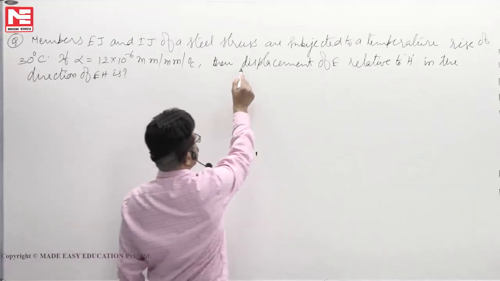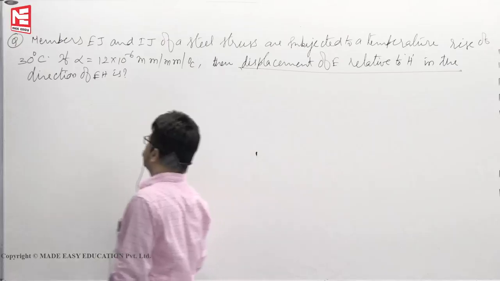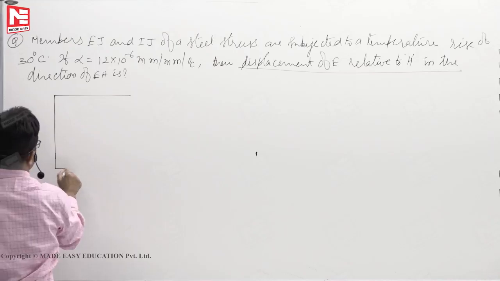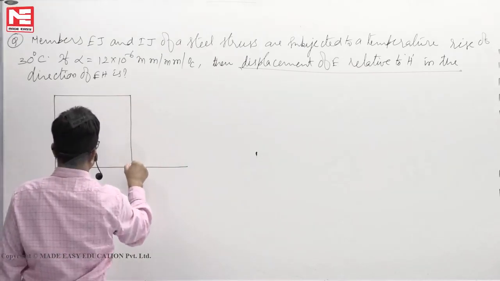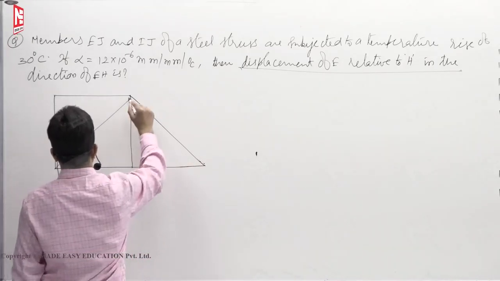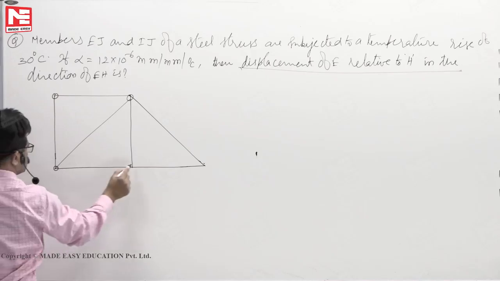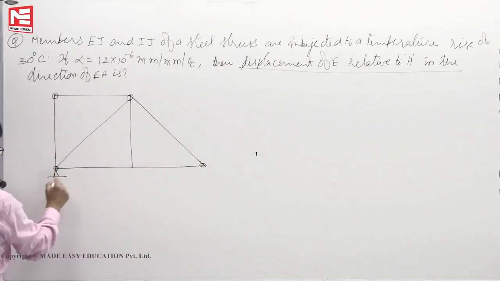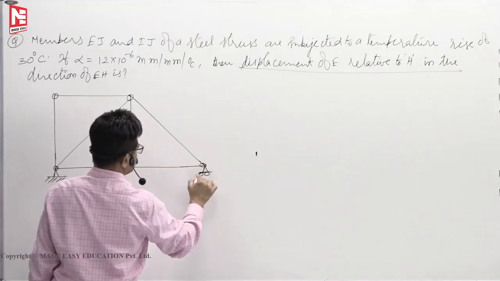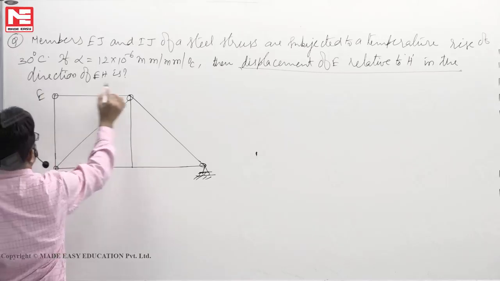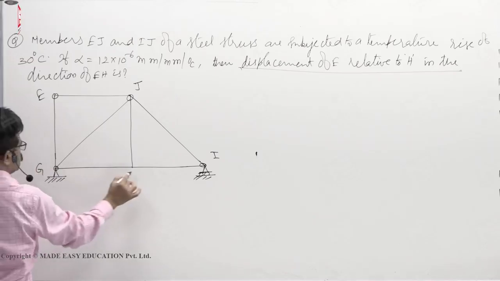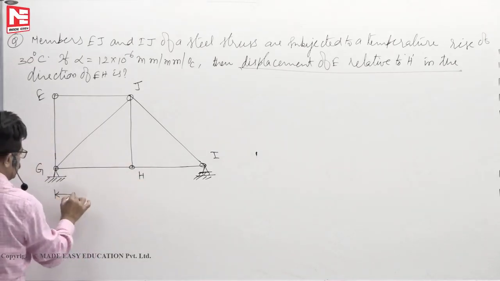Now you see he is asking displacement of E relative to H. So the question is like this. This is E, J, I, G, H. This length is say 3 meters.